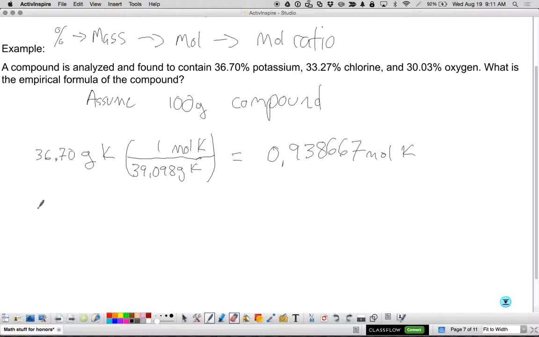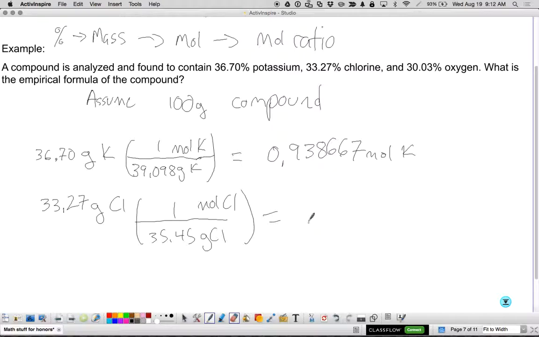So the next one is 33.27 grams chlorine. I'm going to put grams chlorine down here, moles chlorine up here, 35.45 from the table. And I get 0.938505 moles chlorine.